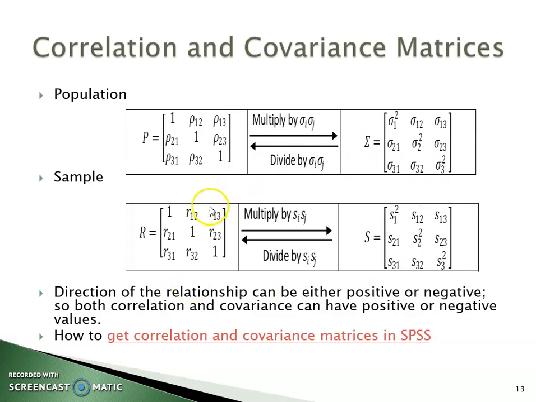That's how we convert back and forth between the two types of matrices. The good news is that you do not have to do this manually. You can get both types of matrices from SPSS. You only need to understand how they are related to each other.